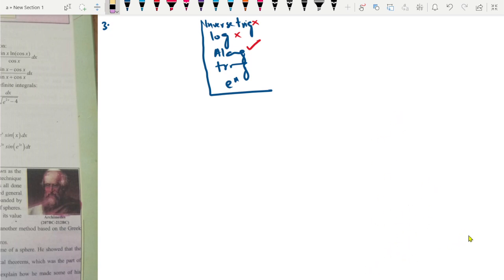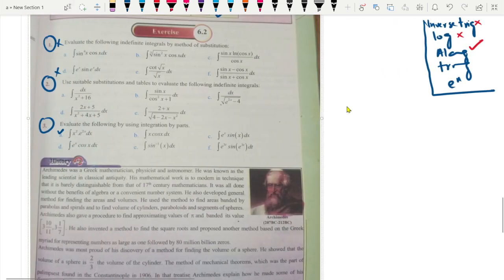Okay, so I can write the second part of the question, which is the integral of x cos x dx. So make one function as u and the other as dv.